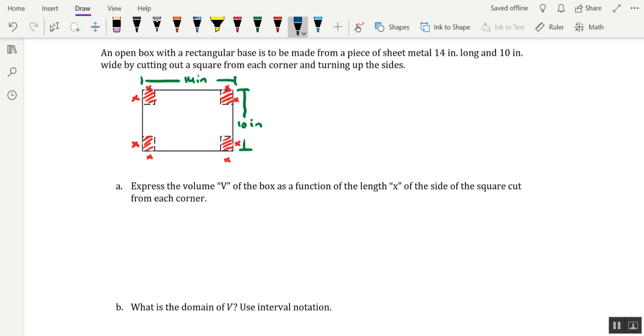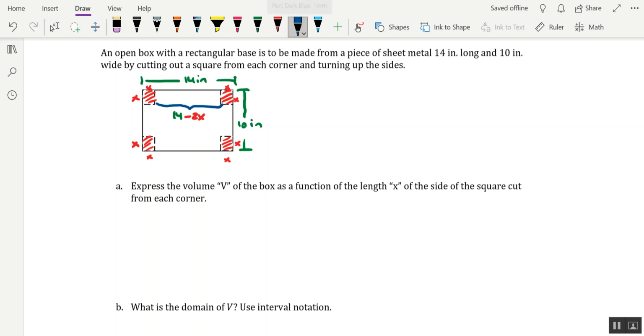So when that happens, it helps us to see that the length of the base of the actual box itself is no longer 14, but rather it's going to be 14 less these two x's that we removed. All right, so again, we remove x from one side and the other side, so in total we removed 2x from what was originally 14.